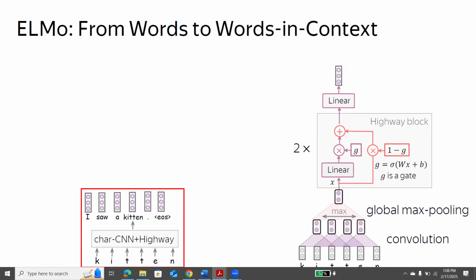So what do you think, why are character level embeddings better than just token level embeddings? We also talked about BPE, like part of words embeddings. They also are better than entire token embeddings. Can you think about the advantage of using these part of words or character level embeddings?